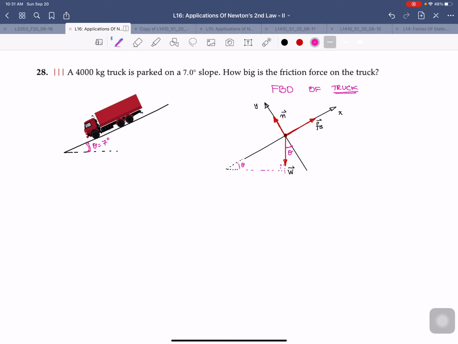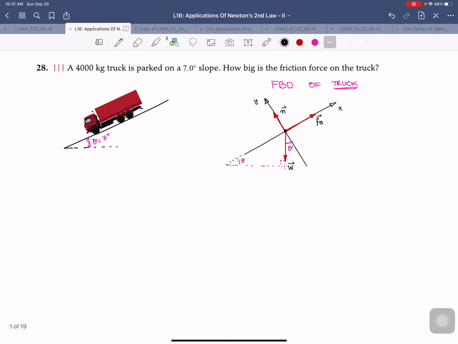Now, once we've got that, we can go ahead and resolve the forces into x and y components, something that we have done in previous problems. So we're going to list the forces in one column, then the x component and the y component.